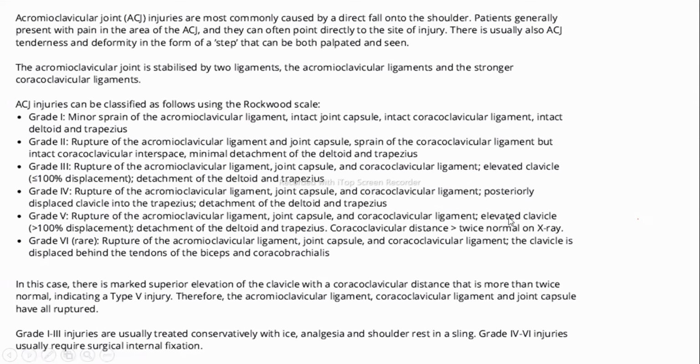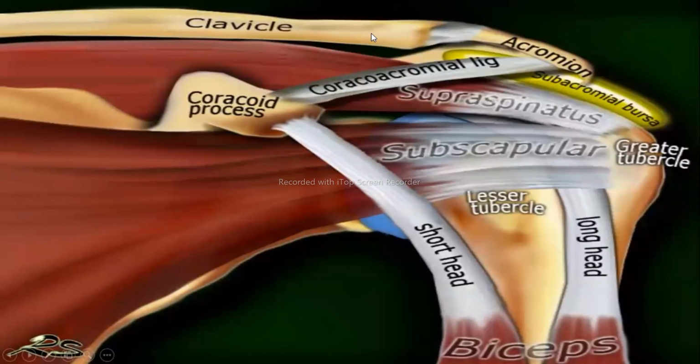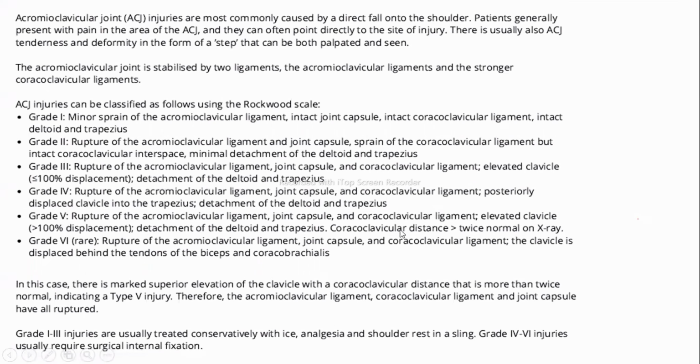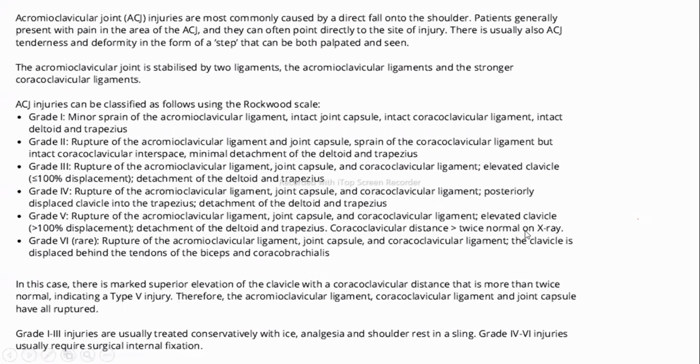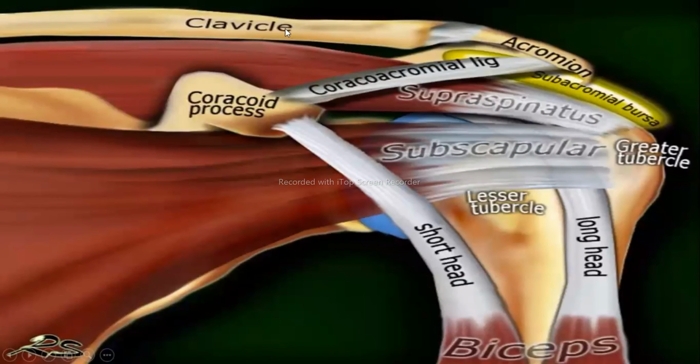If you find the clavicle elevated, it's a 5. And here the coracoclavicular distance, this one. How much is the distance? More than twice normal. Because the clavicle is elevated, right? If the clavicle is elevated, it means the distance will be more than 2-fold.